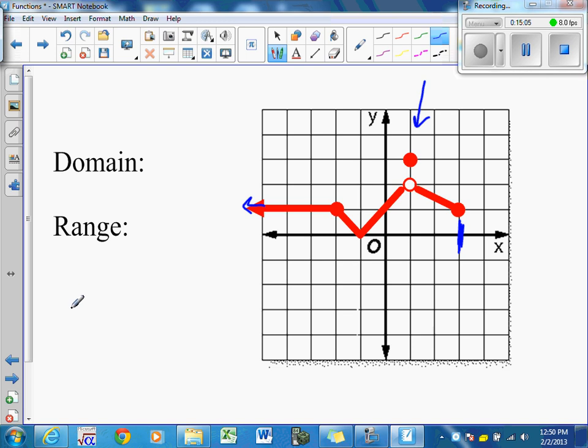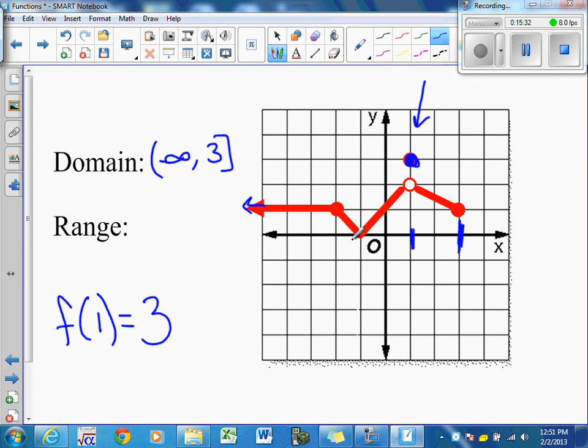Well, if I look at that, let's think about this. What is f of 1? At 1, what is the y-coordinate? It's 3. So we have this kind of hole with this point up above. So my domain is from negative infinity to 3.